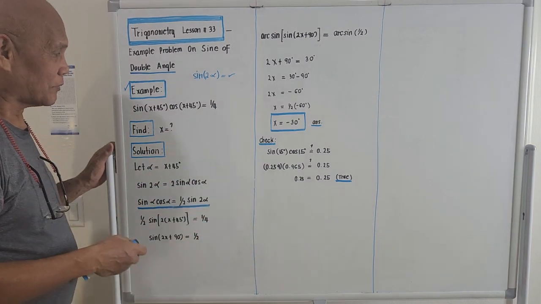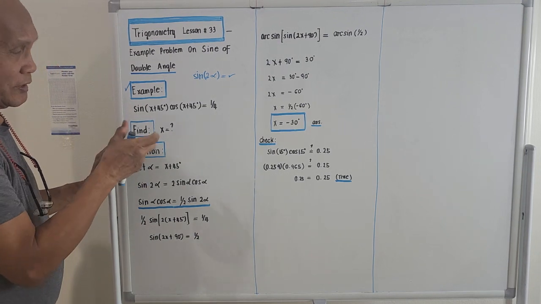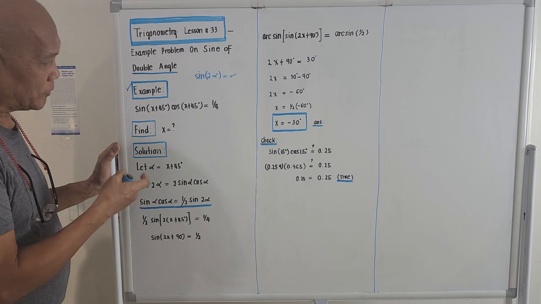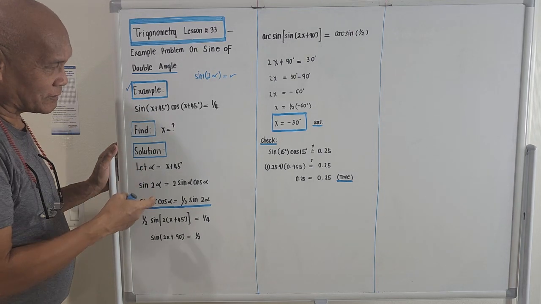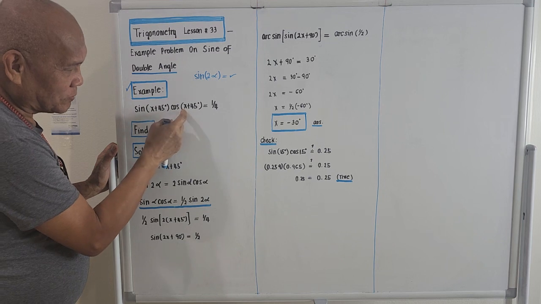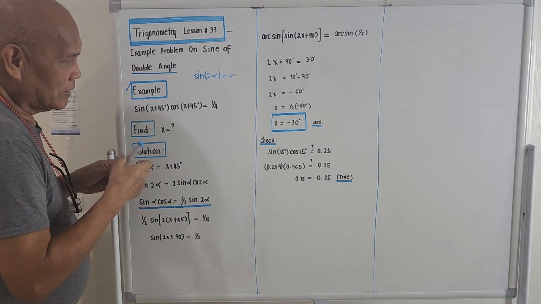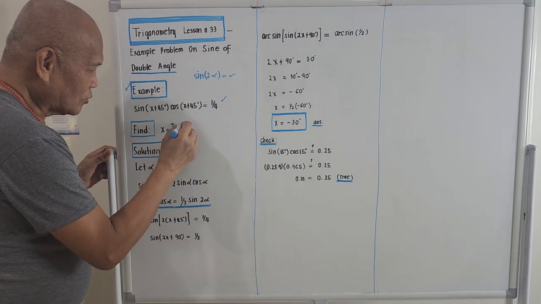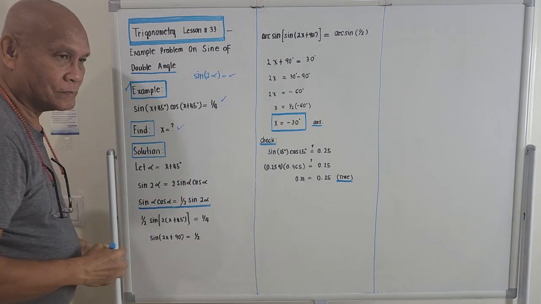Okay, I will try to read the problem. The given trigonometric equation is the sine of the quantity x plus 45 degrees multiplied by the cosine of the quantity x plus 45 degrees, and it is equal to 1/2. And we are asked to find the value of x.